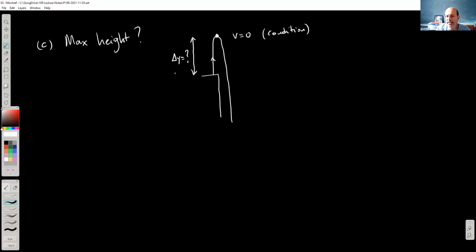Do not switch the reference frames in the middle of the problem. Don't do this, so you won't get confused. But there are some other things.